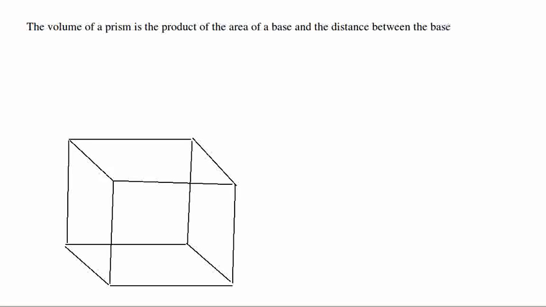Okay? So all of that is to say that the volume of a prism is the product of the area of a base times the distance between the bases. All right? So the volume of a prism is the product of the area of a base and the distance between the bases.